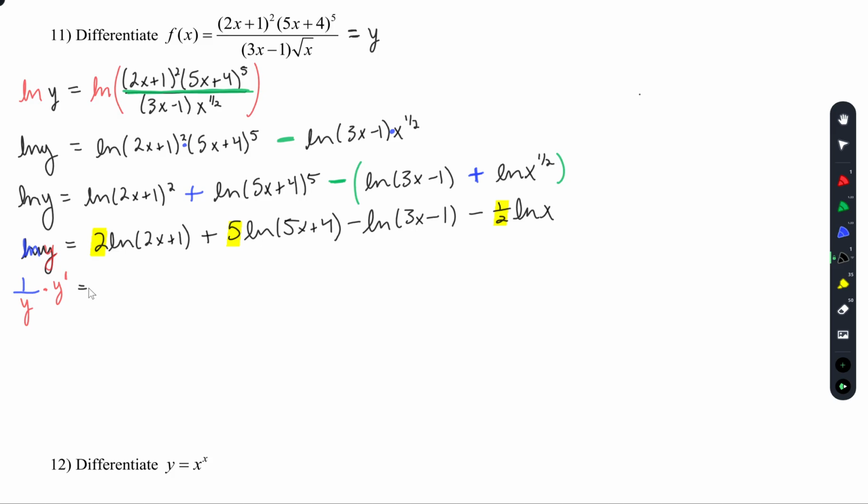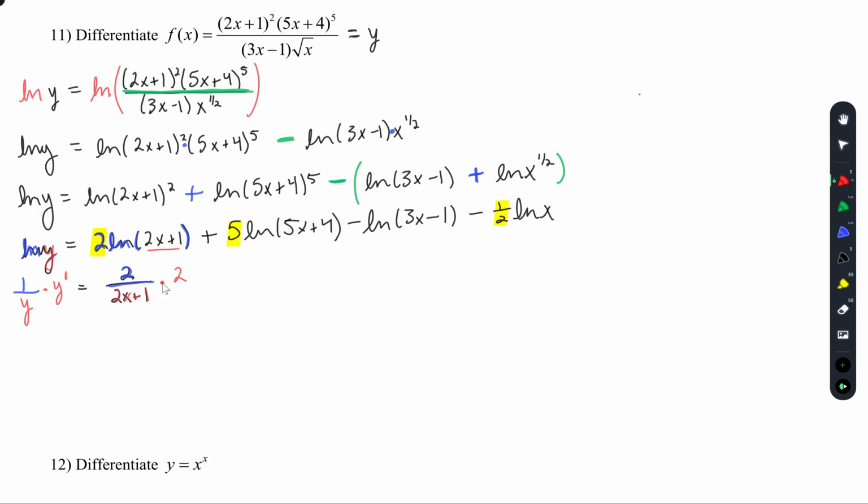Okay. Now I'm going to take the derivs of all these guys. So that should be kind of nice. Well, the 2's just hanging out. So I'm going to go 2 over 2x plus 1, but then chain. So I did 2 natural log of the stuff. That's where the 2 is, 2 over whatever's in the parenthesis, so 2x plus 1, times chain rule, 2.